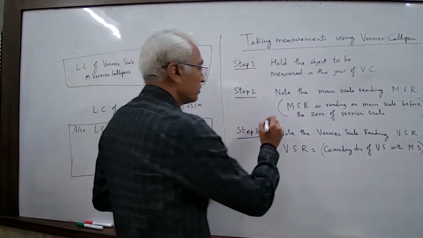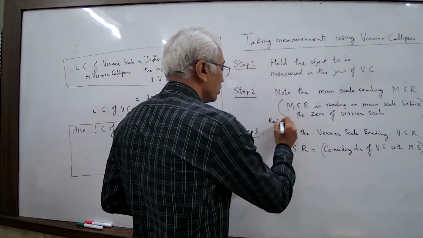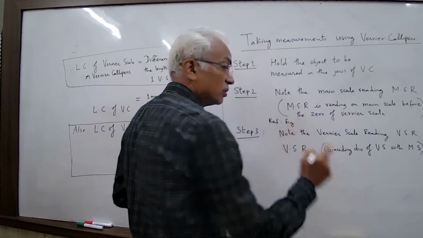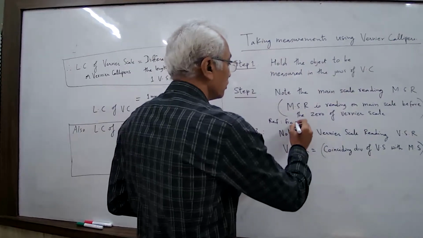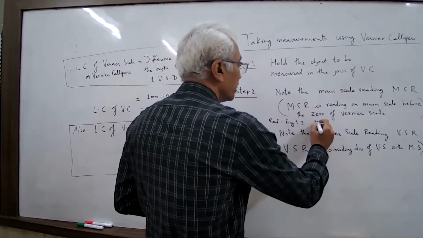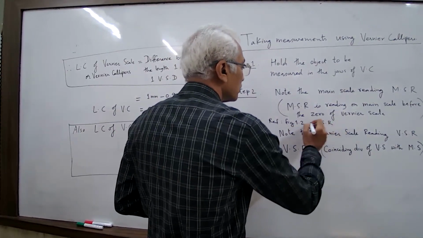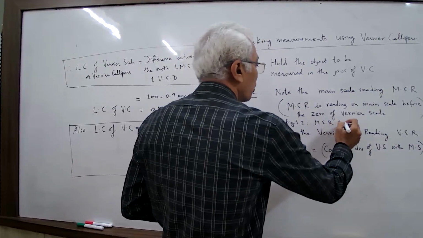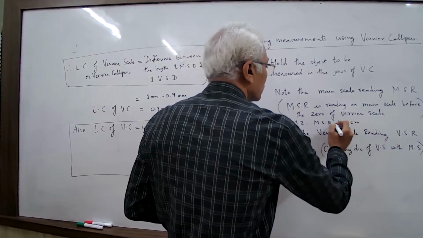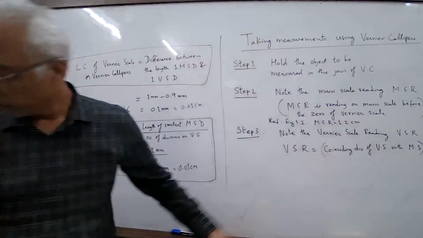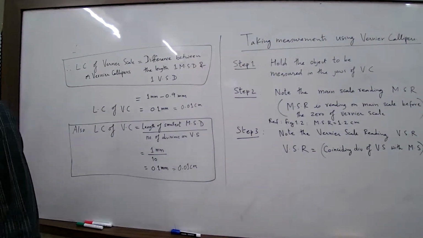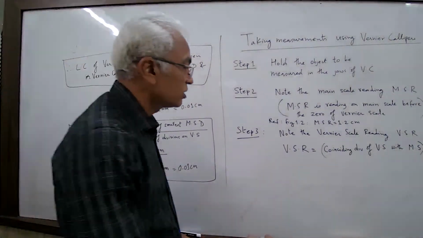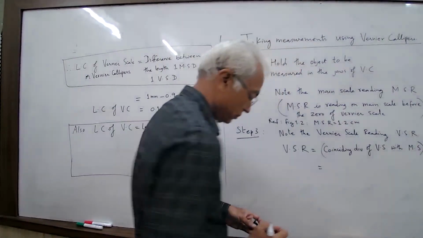So for reference, what is the bigger number in the diagram? 1.2. So in figure 1.2, the main scale reading is 1.2 centimeter. Right? In your book. Now let's see what the coinciding division is.